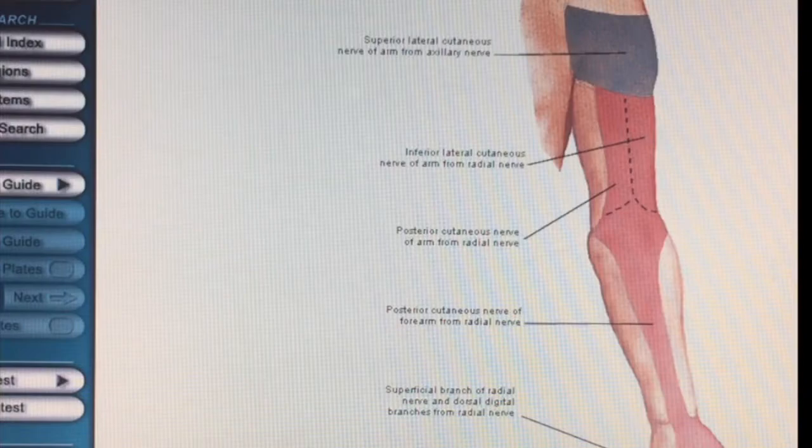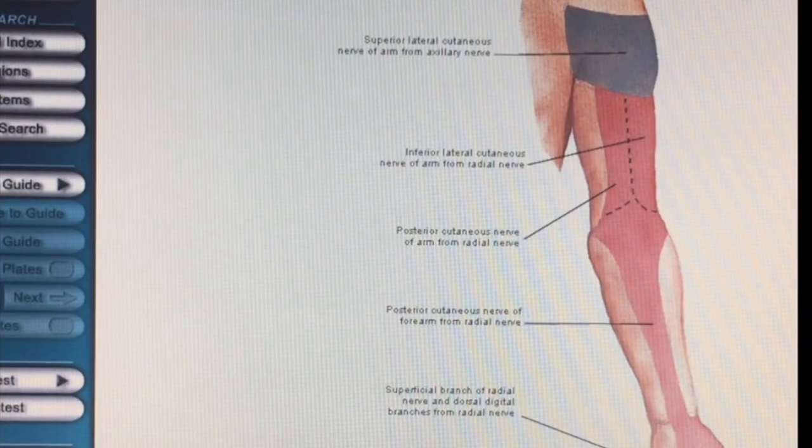The next thing that we need to say a few words about, and I will be using Netter's Atlas just to show you the pattern of innervation, and I have the diagram ready, so let us go here.